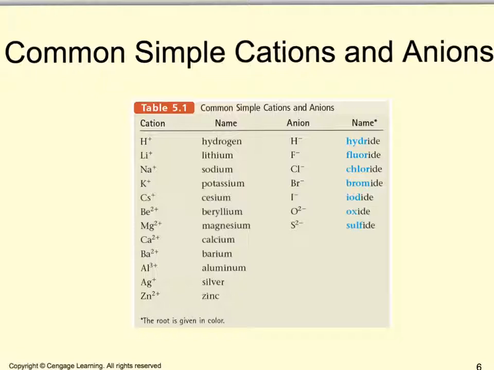Fluorine with a negative 1 charge is fluoride. Cl negative 1 is chloride. Br negative 1 is bromide. I negative 1 is iodide. And O negative 2 is oxide. S negative 2 is sulfide. So if you get a little bit confused, come back to this chart and look at the endings, and you'll see how to work with those anions.